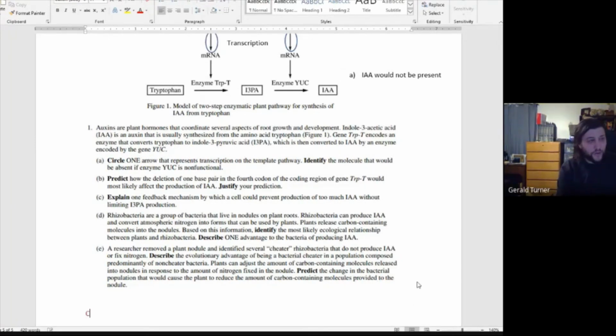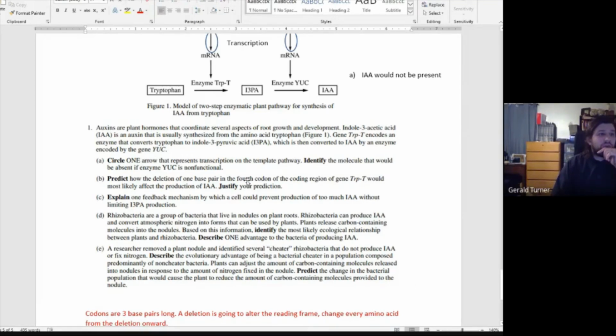So the thing to remember is that codons are 3 base pairs long, and a deletion is going to alter the reading frame, which means that this is going to change every amino acid from the deletion onward.